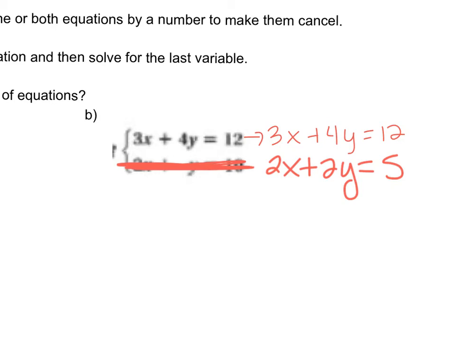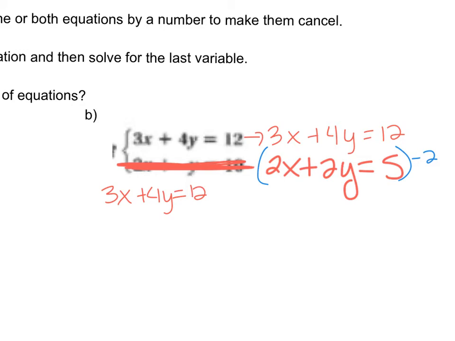So those don't cancel. But what I could do is multiply one of them, and I'm going to pick the bottom one, by a number. Try to think of the number that would be beneficial. Hopefully you thought -2. So I'm going to rewrite that top one, doing nothing to it. So 3x plus 4y equals 12.